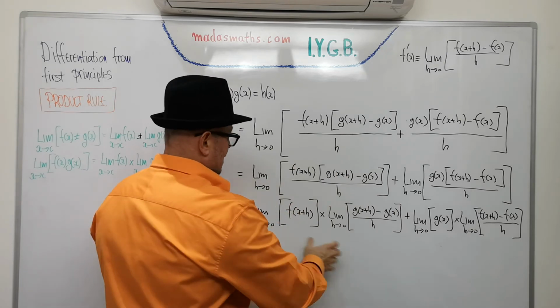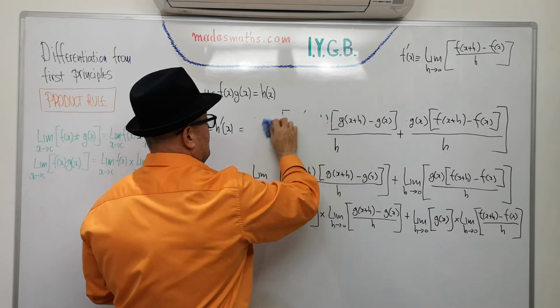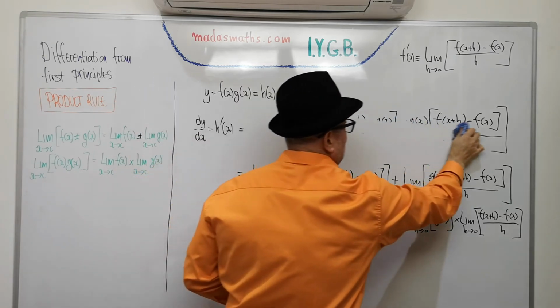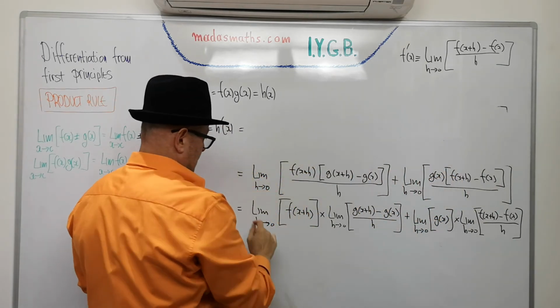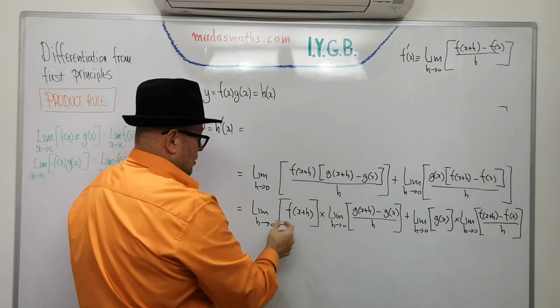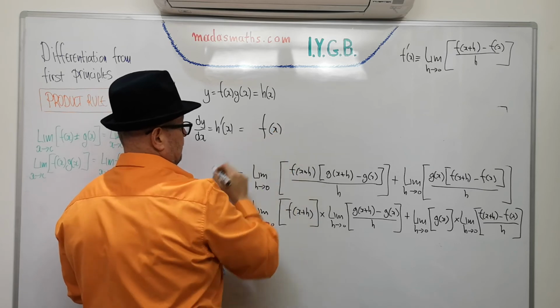And if we look now, let's make some room just in case we cannot see the bottom of the board and see what we've got left. The time it takes me to rub off the board, we should be able to actually see what that produces. So, okay, let's look at this limit first of all. The limit as h goes to 0 of f of x plus h. Well, if h goes to 0, that will clearly become f of x.